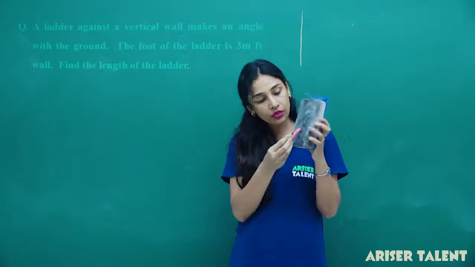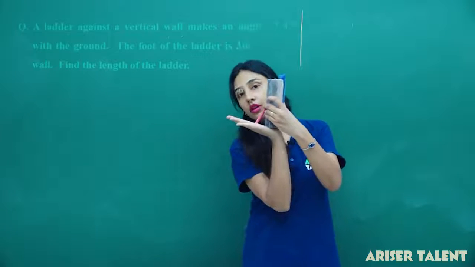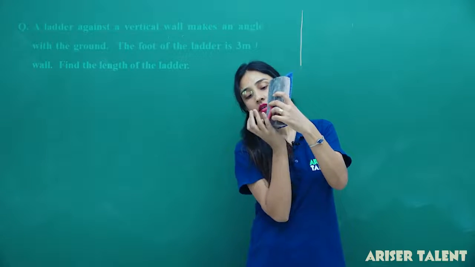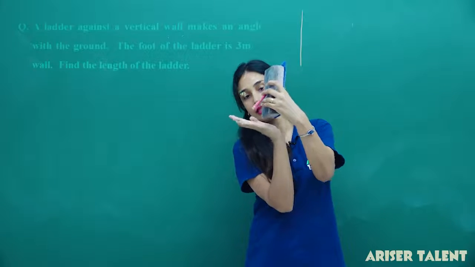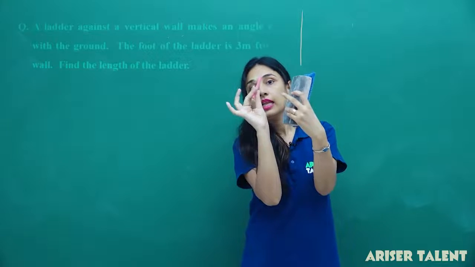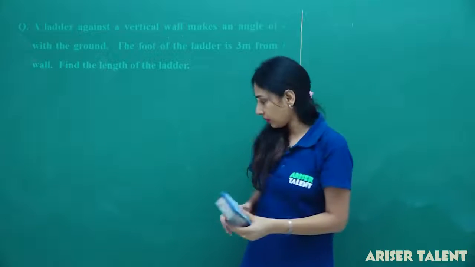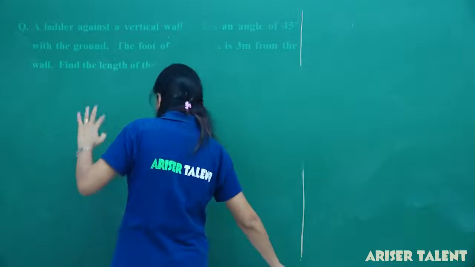Okay, it's telling you that from your ground, this distance is given. So you have to find the length of this ladder, right? Now, how will you imagine this thing?